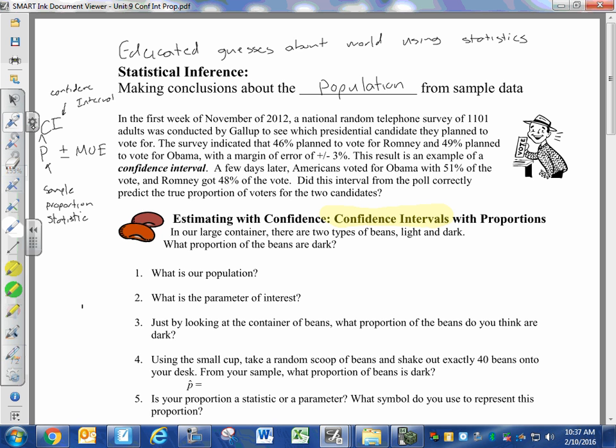Maybe we could just take a handful out, Ms. German. Like that big of a handful? I don't know. What do we think? Should Ms. German take just a little handful like this and say, okay, there's 1, 2, 3, 4, 5, 6, 7, 8, 9, 10, 11, 12, 13, 14, 15, 16, 17 total beans, 1, 2, 3, 4, 5, 6, 7, 8, 9 of which are dark.